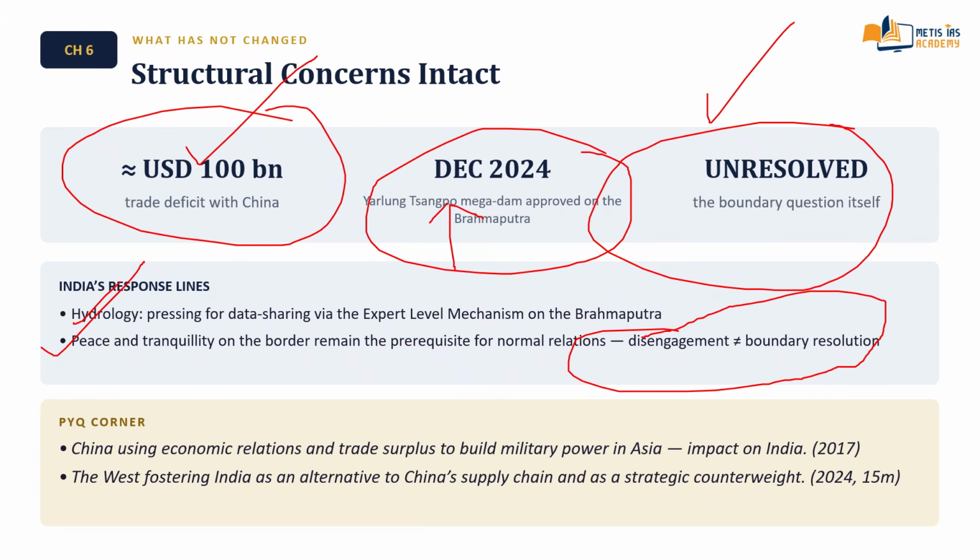China is using its economic relations and positive trade surplus as tools to develop potential military power status in Asia. In light of this statement, discuss its impact on India as her neighbor. 2017 question, 10 marker. Then comes another question.